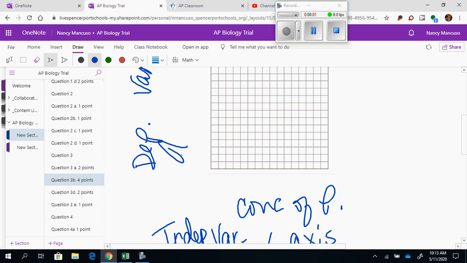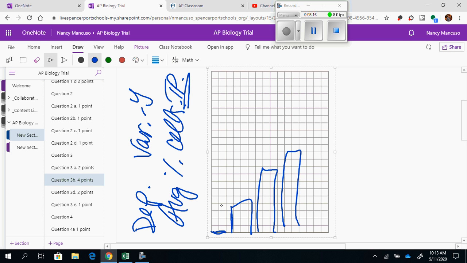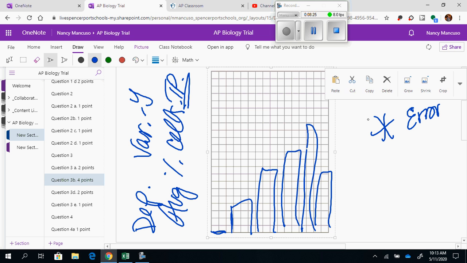So I put over here, average percent of cells that are tripolar. And I would include the units on both of them. So then what you do, so at 0, it was 0. So you go ahead and you graph each of these. And then the last thing that you have to make sure you do is you put in those error bars.